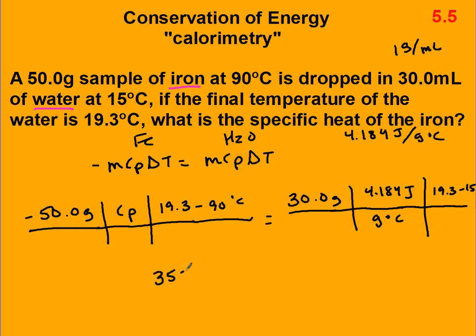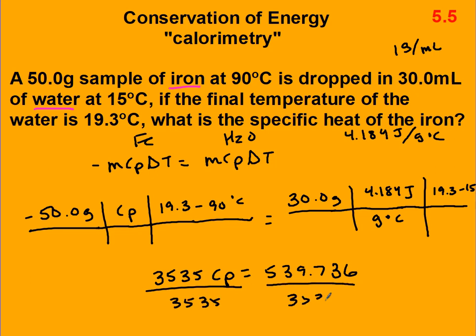Your negatives should be canceling out. And then simplifying all of this, so I subtract and then multiply. And then divide by my 3535. So 0.153 joules per gram degree Celsius.